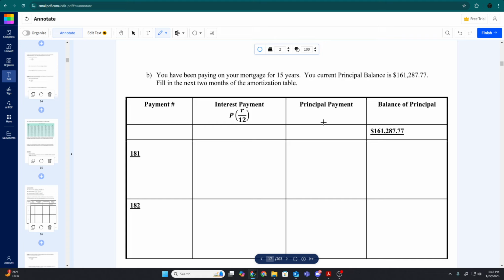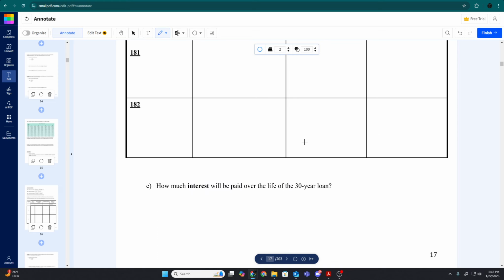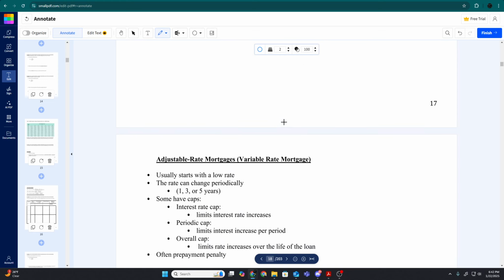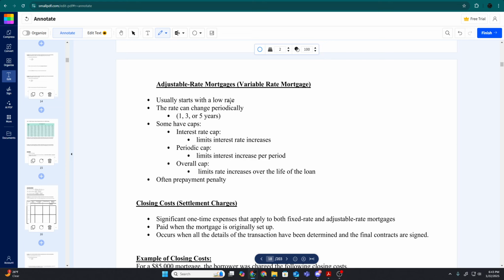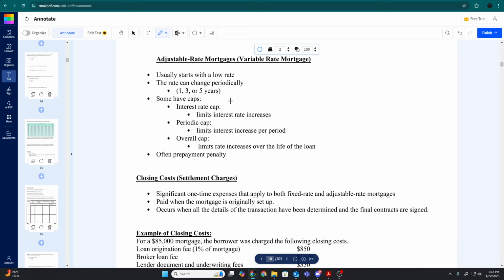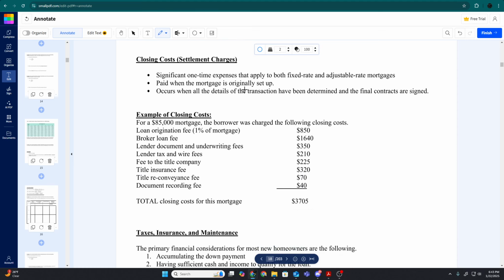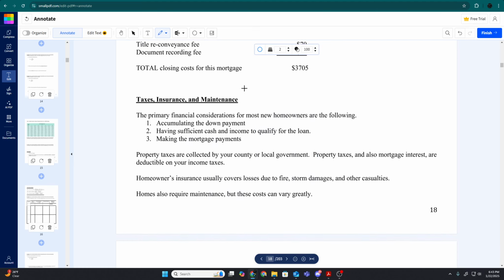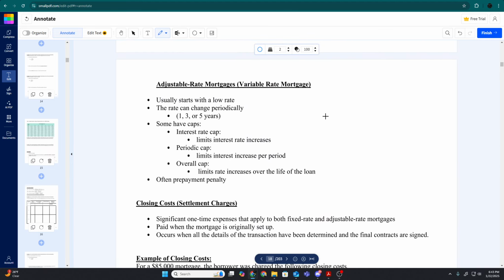Now, these are the last couple examples we're going to do on amortization. But real quick, I'm going to show you what is up and coming. If we look on page 18, there are some other things we can consider that happen in the process of buying a home. There are different types of loans, like ARMs, or adjustable rate mortgages.